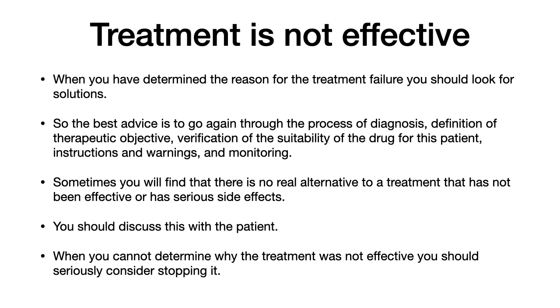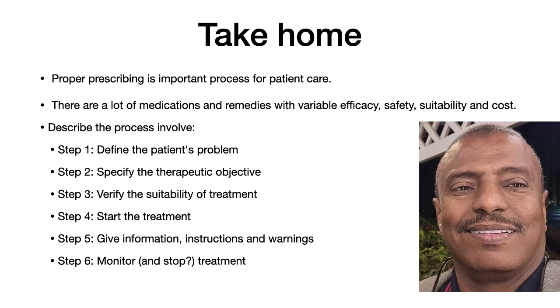Sometimes you will find that there is no real alternative to a treatment that has not been effective or has side effects. We should discuss everything with the patient, and when treatment is not effective and not working, we might have to stop it. Take home: proper prescribing is an important process for patient care and patient safety.